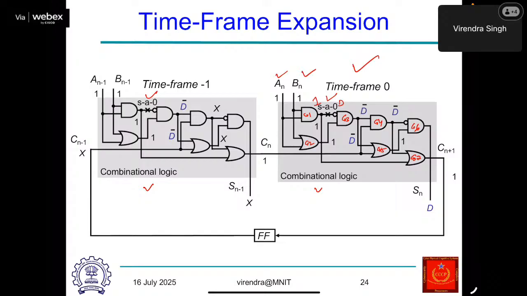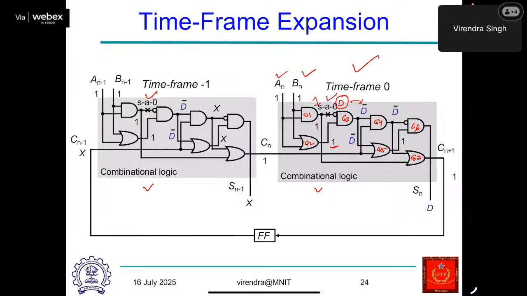This will also produce the output of gate G2 as 1, as a result of having 1 1 at the input, since this OR gate will produce output equal to 1. Now, when there is a fault over here, this will produce D. D means the fault-free value is 1 and the faulty value is 0. Now I have to propagate this to the output. This value has been propagated to the output, and because there is a bubble at the input, this will become D bar.